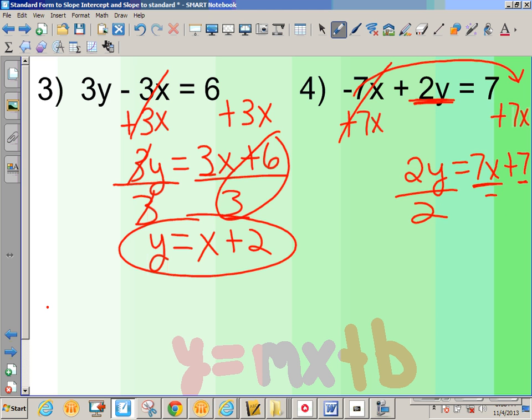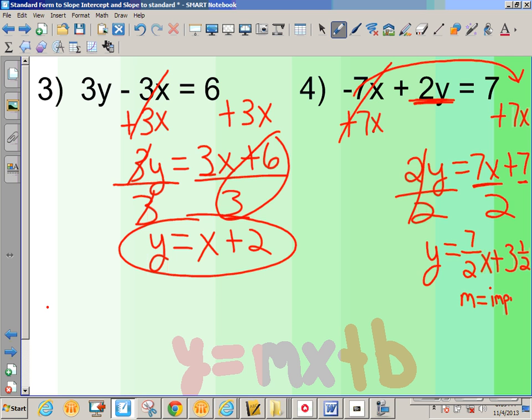Now I want to divide through by 2. And this is a really good example of when to leave a value in improper fraction form and when to turn it into a mixed number. Here's my advice. When we're talking about m, it can be improper.